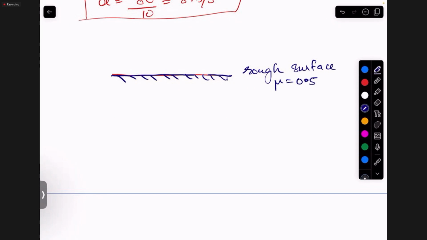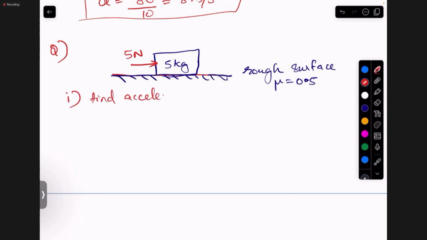And now we are applying a force of 5 Newton over here. What I'm supposed to do is find the acceleration of the block and find the frictional force between the block and the surface.